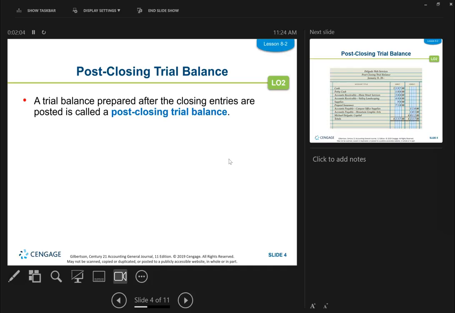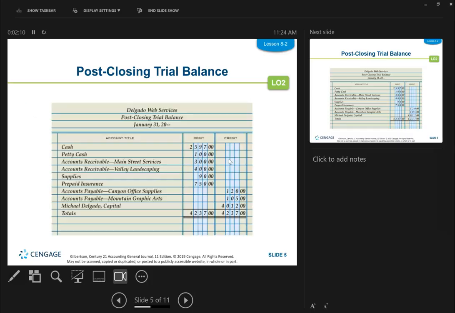Once we do this, we calculate this post-closing trial balance, which is basically like balancing our checkbook. We take all of our accounts that would be considered assets, so cash, petty cash, accounts receivable, supplies, prepaid insurance. Those are all debit quantities.